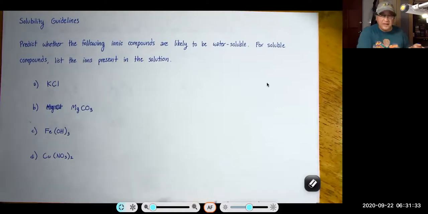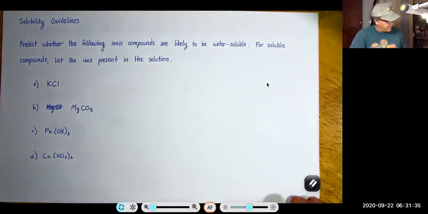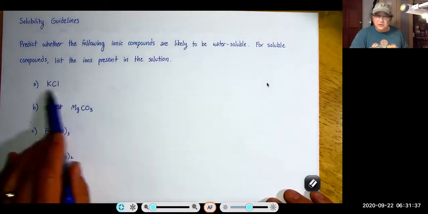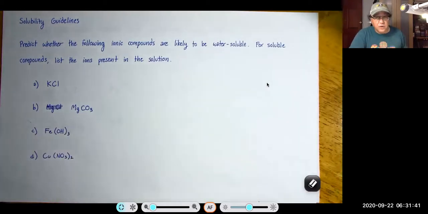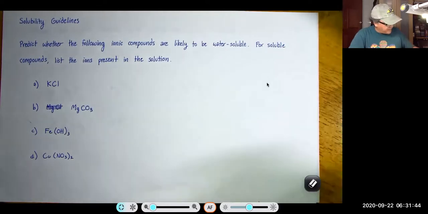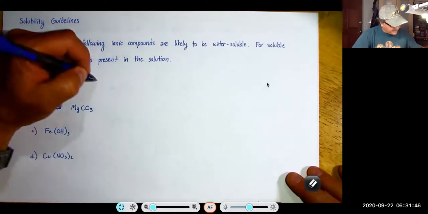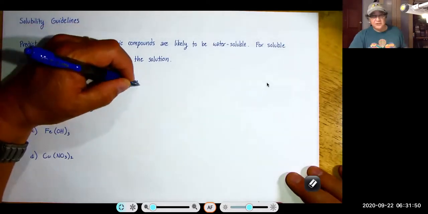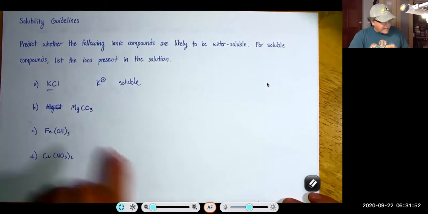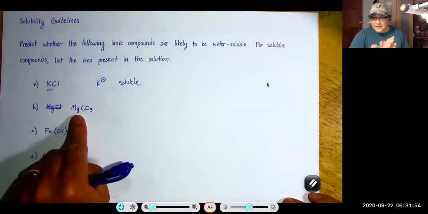You can just look and say, okay, here's what's happening. So here, when I take a look at this, I always look at the cation first and see if it's one of those always soluble cations in group 1A or ammonium. And here, this has got potassium in it, so this is soluble. Done deal. So I'm going to look at that cation. It's got magnesium in it. That's not a clincher.